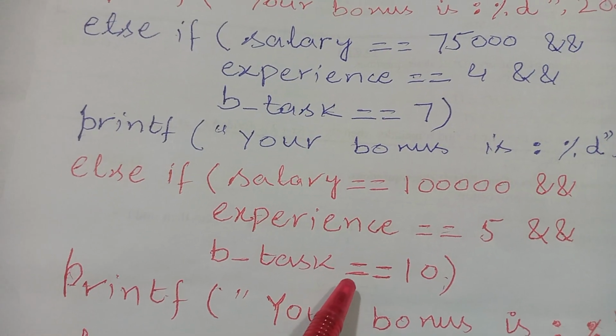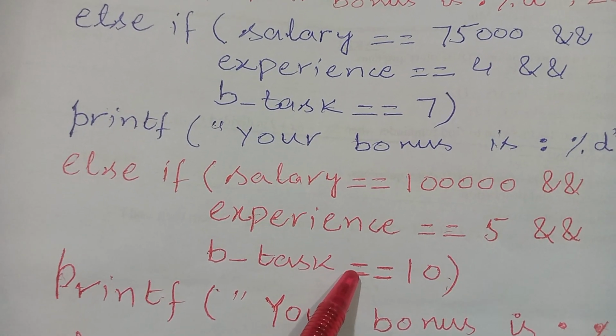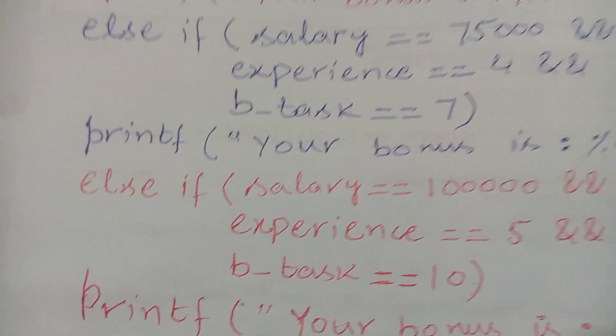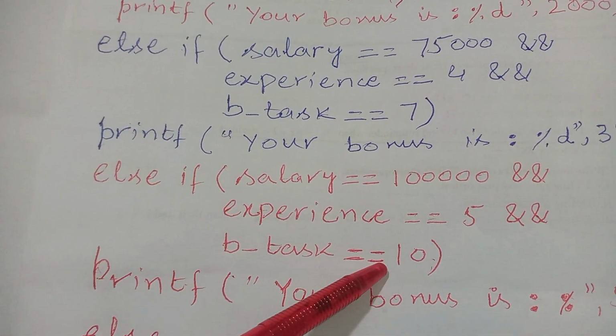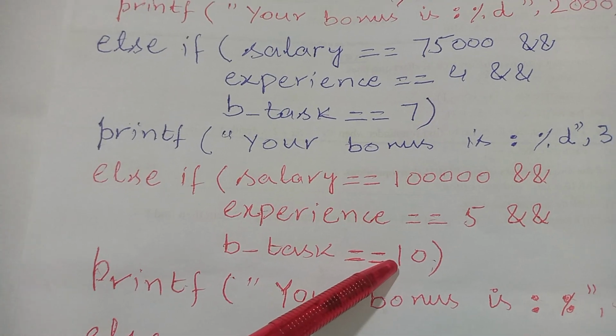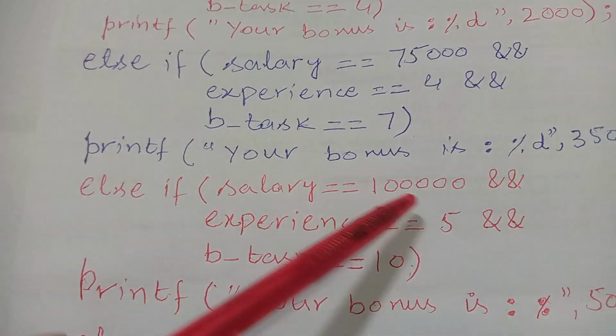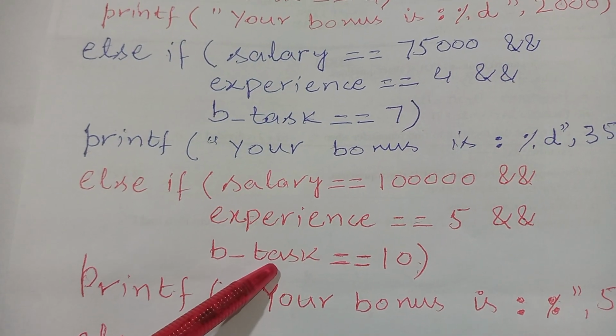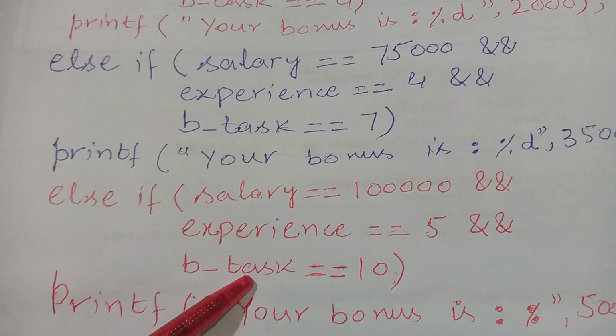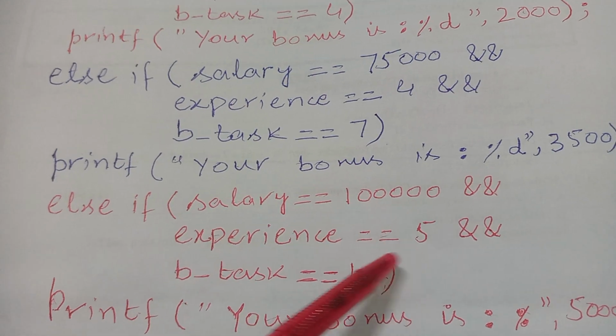So one thing you must notice here is that the same sub expressions are repeated with different values of the variables. Salary, experience, and bonus task are repeated again and again, and only their values are changed.